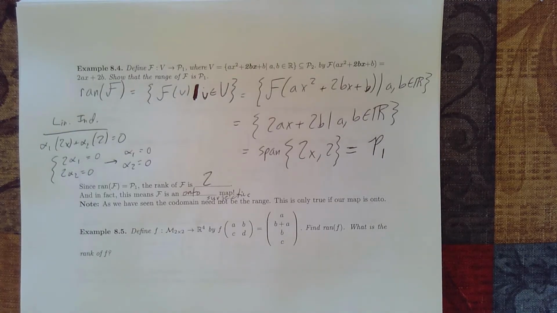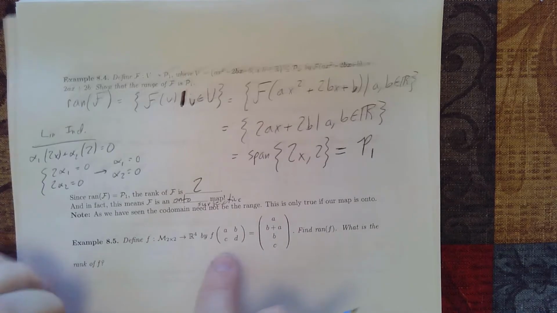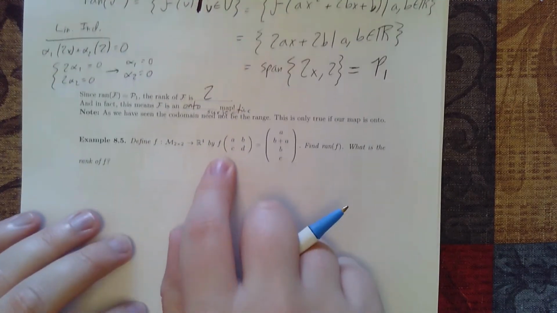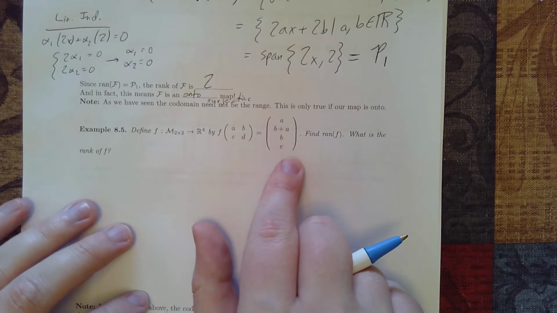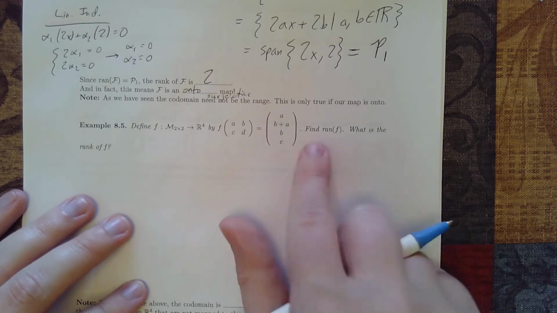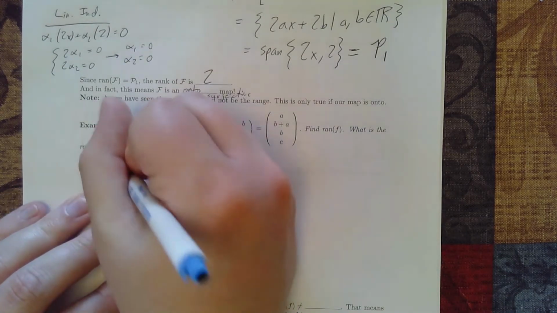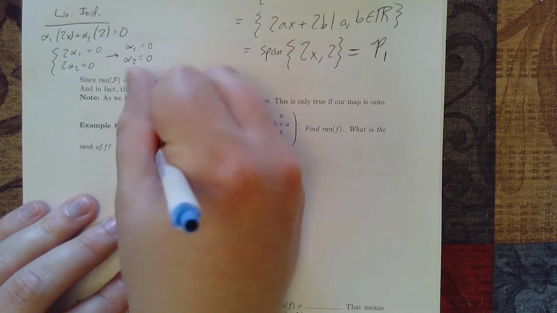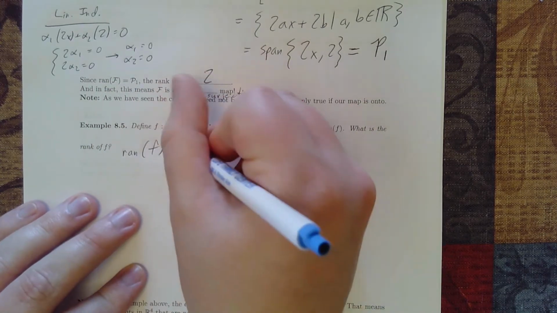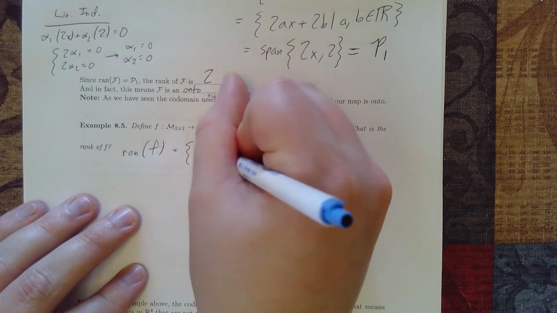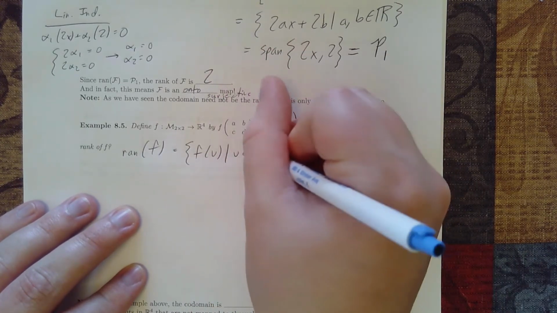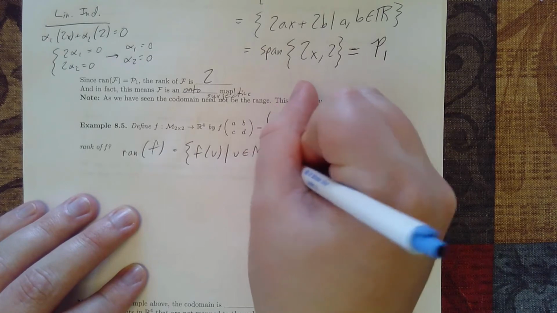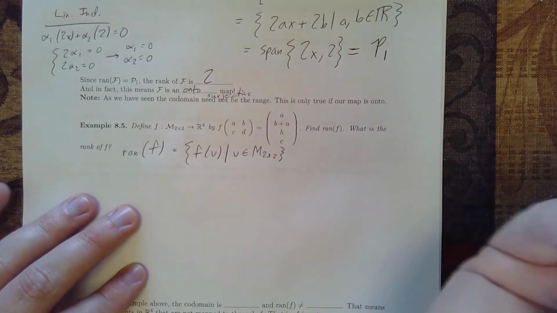All right, so let's look back at our other function. Let's say now we want to look at this function we had before, going from M2 by 2 to R4. We wanted to find the range space and the rank for this function. So the range space of the function is the set of all f of v such that v is a vector in M2 by 2.